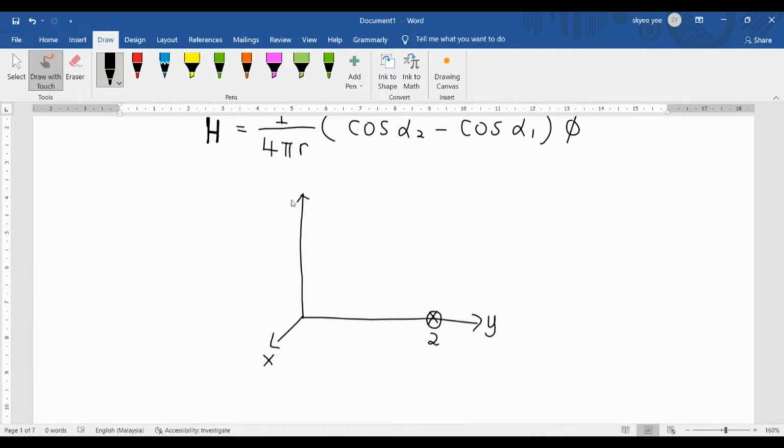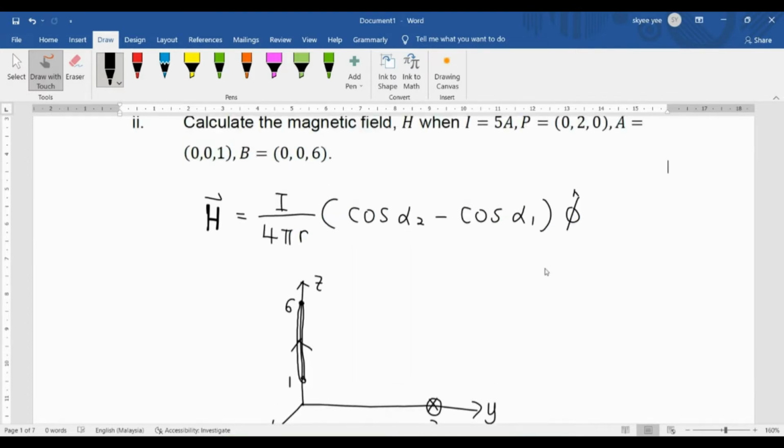So this is your current filament. Current flows in this direction, this is 6, this is 1. Now you want to find the magnetic field at this position using this formula.